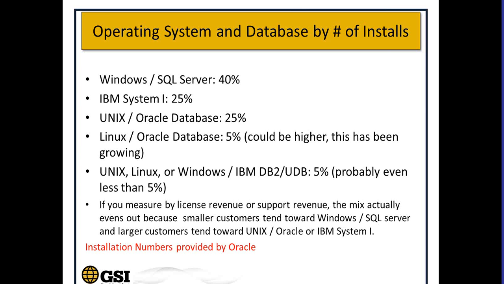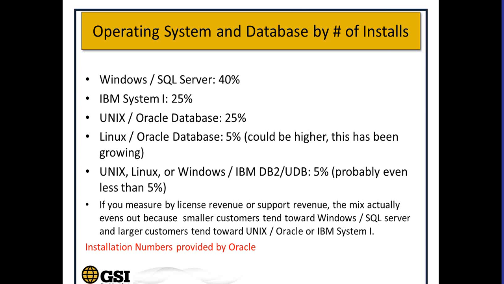But I know there's a couple of really large customers that have moved to all Linux Oracle. And a lot of the largest JD Edwards customers in the world are looking at Linux Oracle as the operating system and database of choice, based on scalability and supportability from Oracle. As I mentioned before, the IBM DB2 UDB is really dropping off, and there are a lot fewer customers that are really on it.